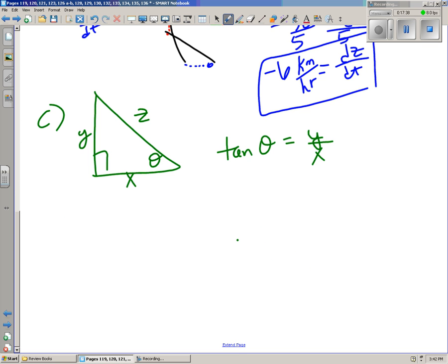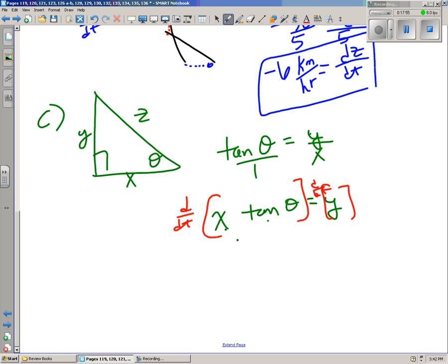And I'm actually going to cross multiply here. I get x tan theta equals y, because the derivatives are a little easier if you use a product rule as opposed to a quotient rule. So now we can take the derivative with respect to time on both sides, remembering that all 3 variables are changing as time goes on. So this first part requires a product rule. The derivative of x is dx over dt.